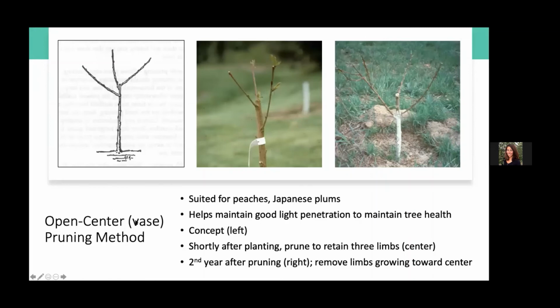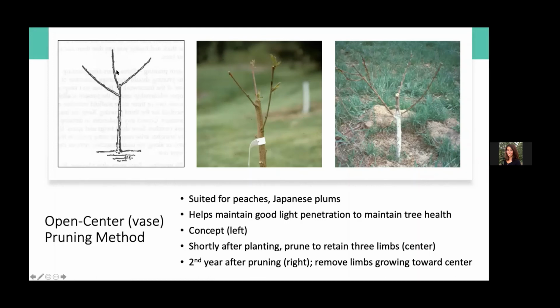So the open center or vase pruning method is primarily suited for peaches and plums. Hopefully this looks familiar to you. It's kind of a neat pruning style, but essentially the concept you see here on the left-hand side is that at the time of planting, you'll select 3 branches in a whorl, keep those branches, and prune off all the other things.